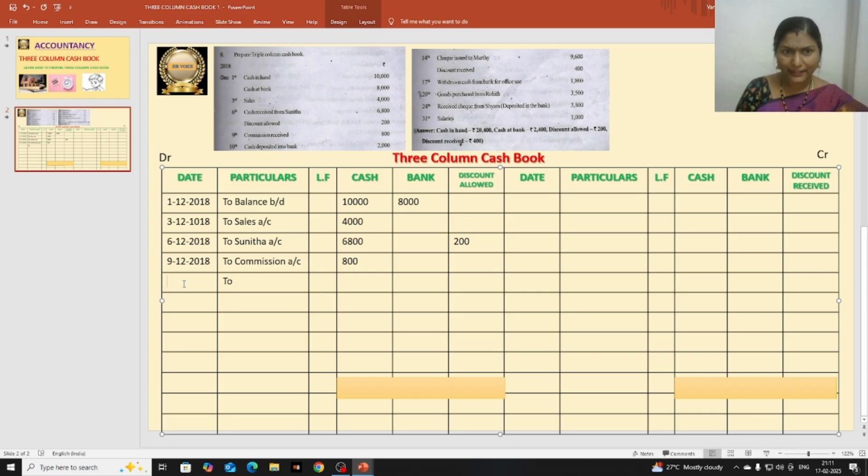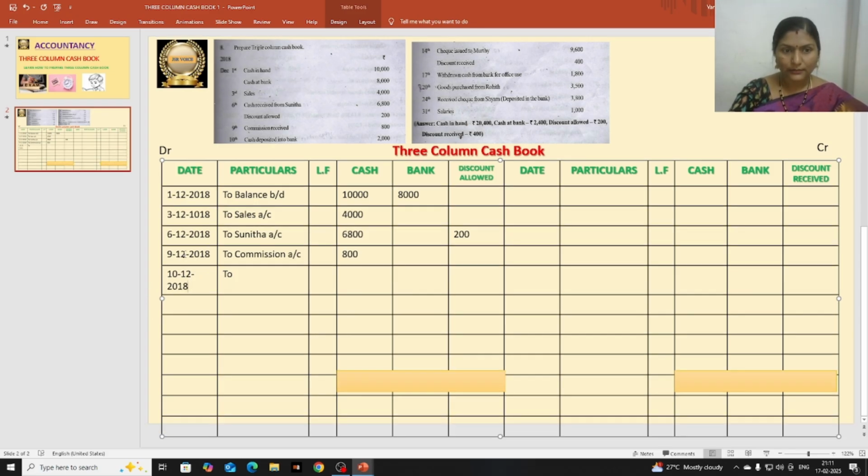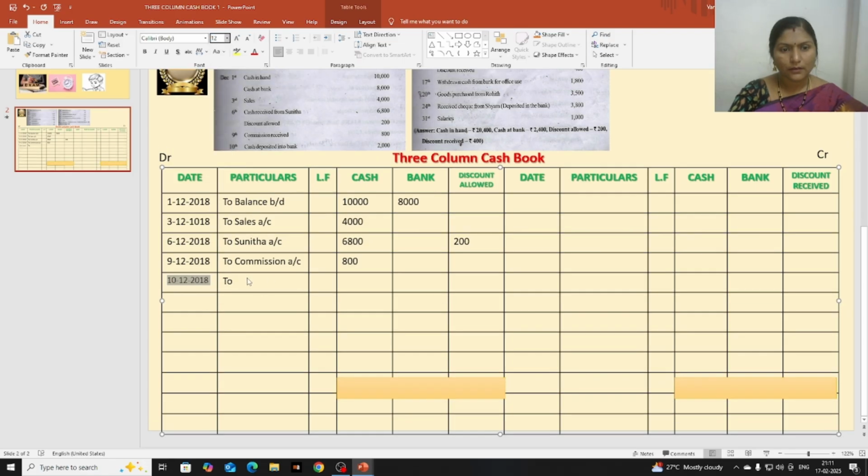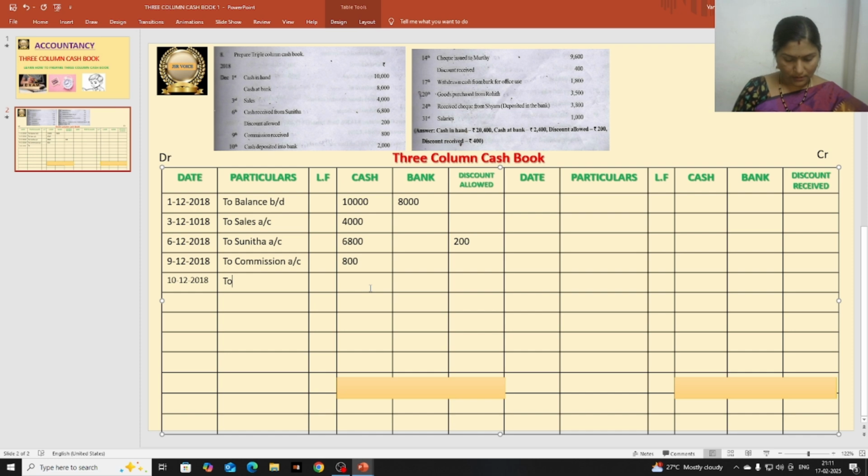So what is the date here? 10th date, 10-12-2018. Here we mention it. To what?